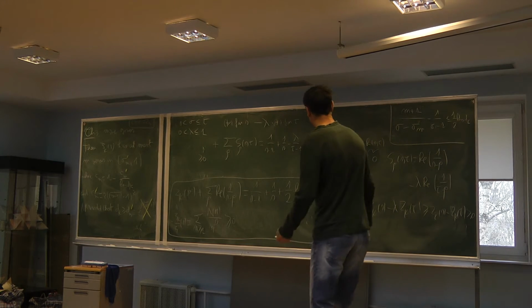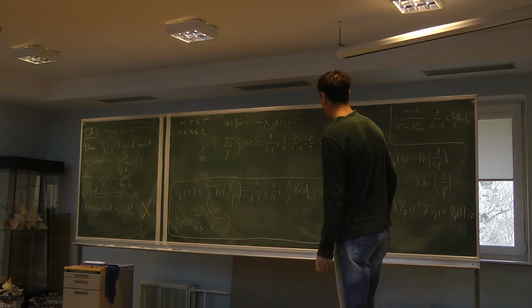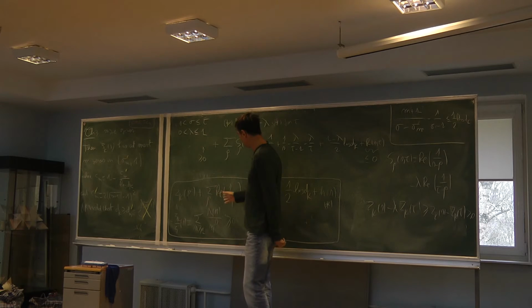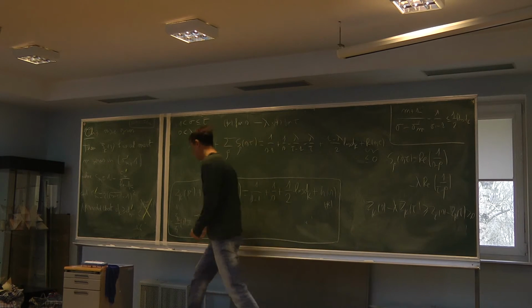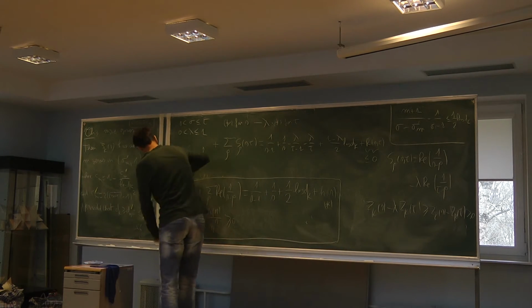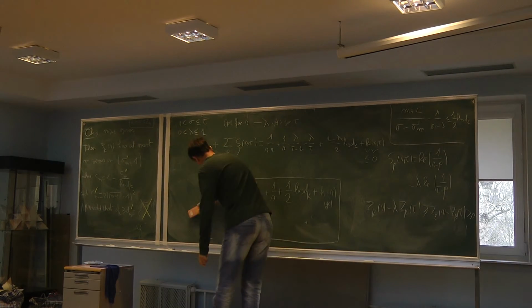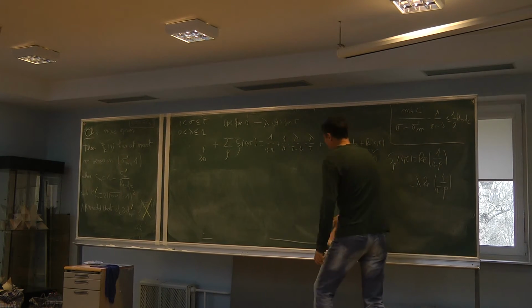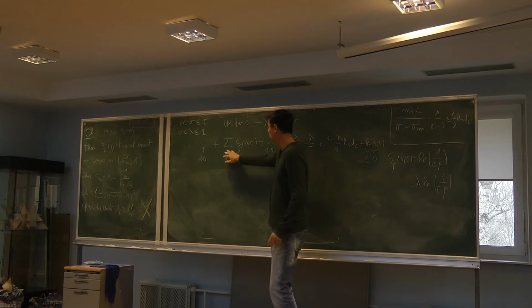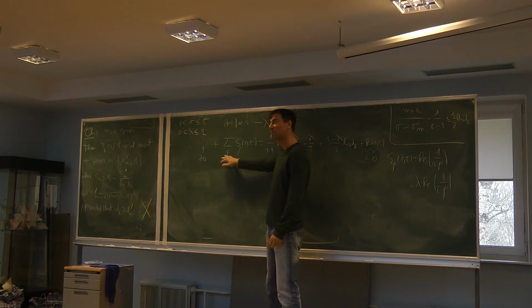Okay, so what do I do now? I have a kind of a problem because in the previous proof it was very clear that all these numbers were non-negative. But here it's not that clear, so let me just show you what is the problem. You want to deal with real zeros, so here you have many zeros. Let me just look at the real ones.